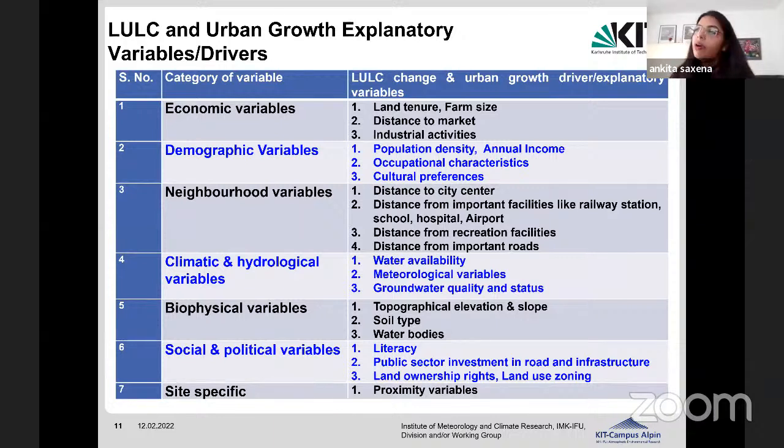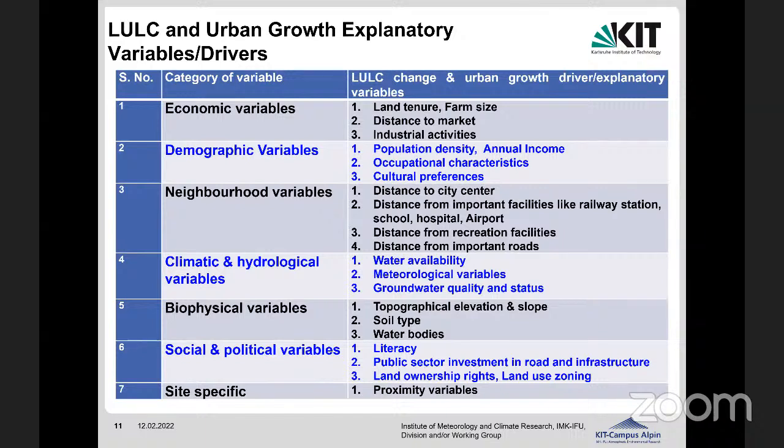For affluent classes, we have higher infrastructure and higher housing buildings, and for poor people, we have lower income areas with very dense urbanization. These kinds of relationships we also need to understand while modeling urban growth.